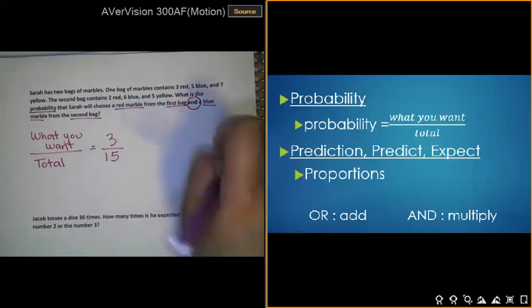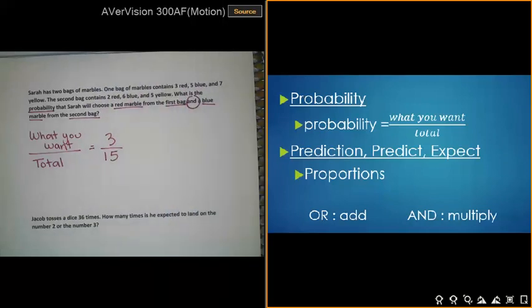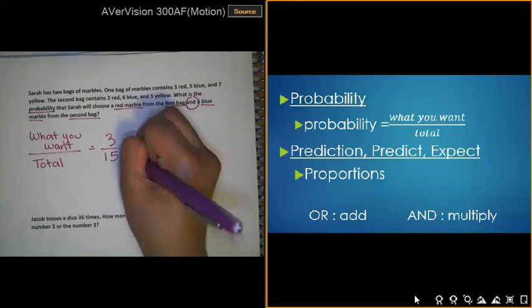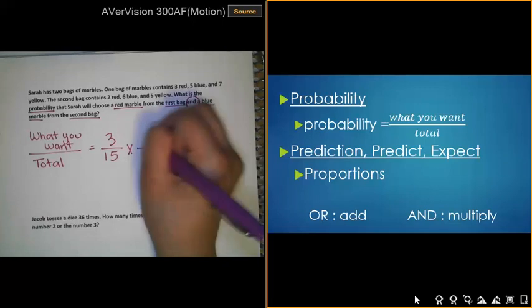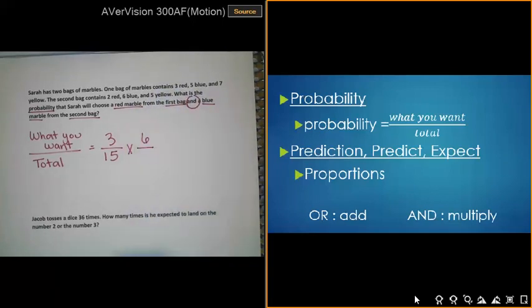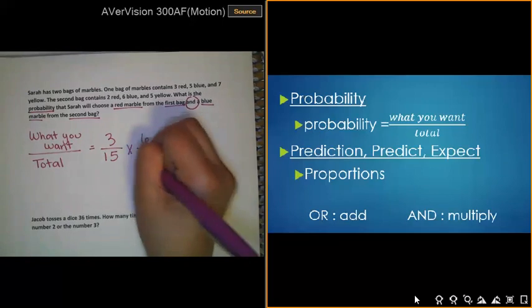What I did there is I added 3 plus 5 plus 7. And remember, and means to multiply. So I'm going to be multiplying the probability of getting blue from the second bag. Blue will be 6 out of 2 plus 6 plus 5, which gives you 13.